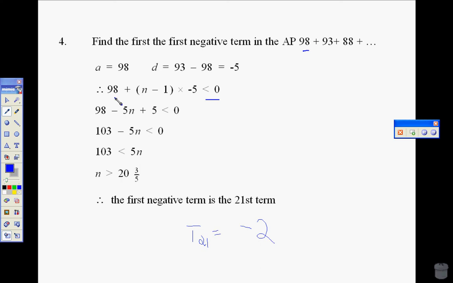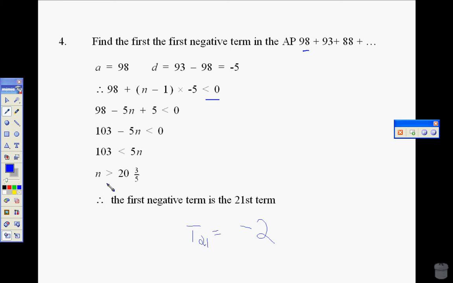So we set up our a plus n minus 1 times d equation. Where's it going to be less than 0? We're just solving a simple linear inequality. So 98, we've expanded our brackets to get minus 5n, plus 5, is less than 0. Now we collect our terms, and we see that when n is greater than 20 and 3/5, we're going to have something negative.